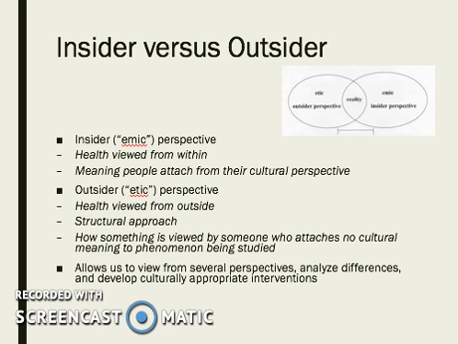For example, worms in children are contracted through ingesting eggs found in contaminated soil or in foods contaminated by contact with that soil. The concepts of insider and outsider perspectives allow us to look at health, illness, and prevention and treatment systems from several perspectives, to analyze the difference between these perspectives, and to develop approaches that will work within a cultural context.